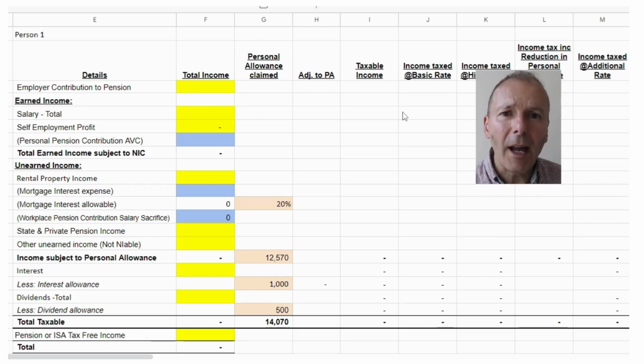You work out all that, you then plug in what you might take as taxable income from your pension source, and then that's the way to work out what your tax bill and what your marginal tax rate might be.